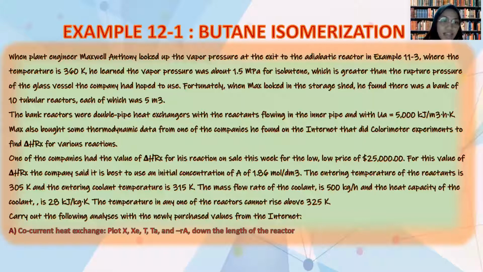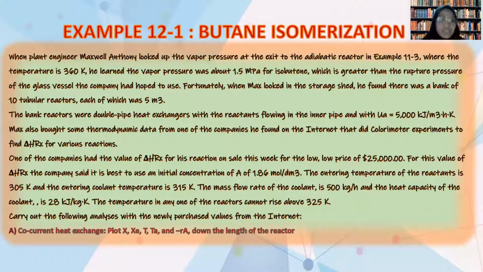The bank reactors were double pipe heat exchangers with the reactants flowing in the inner pipe with UA equal to 5,000 kilojoule per meter cube per hour per Kelvin. Max also bought some thermodynamic data from one of the companies he found on the internet that did calorimeter experiments to find delta H reaction for various reactions.